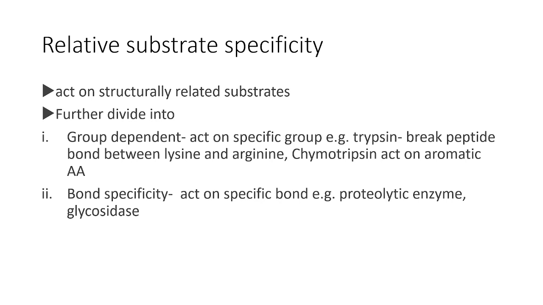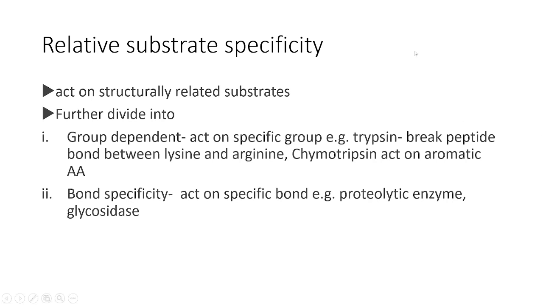Group dependent relative specificity means it acts on a specific group. For example, trypsin breaks peptide bonds involving lysine and arginine, and chymotrypsin acts on aromatic amino acids. Bond specificity applies to glycosidases and proteolytic enzymes that cleave a particular bond, so they act on specific kinds of bonds.